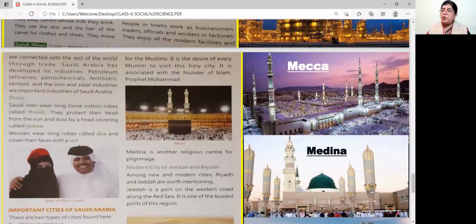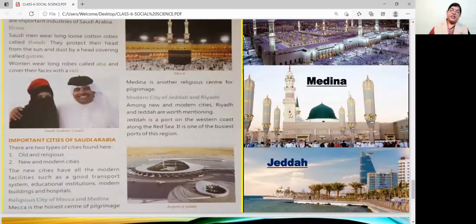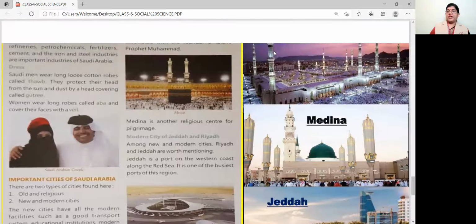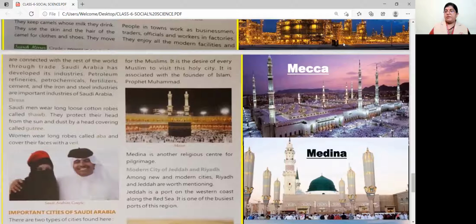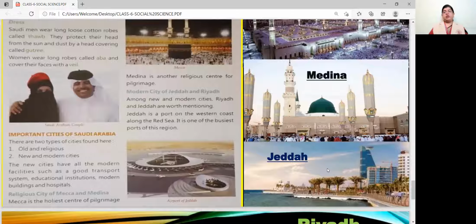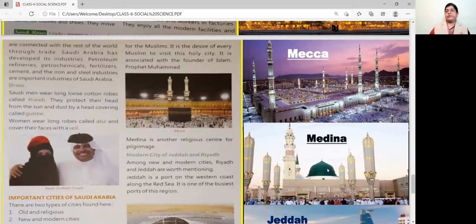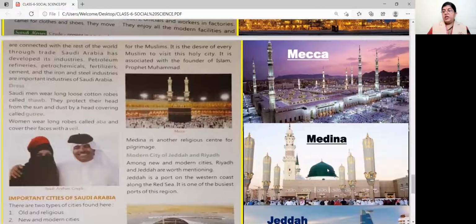Every Muslim wants to visit this city because it is the holiest center of pilgrimage. Can you see this? I'll show you again. Mecca, I've got a picture for you all. Just see, and below it is Medina, which is famous for many mosques. So Mecca is the holiest center of pilgrimage for the Muslims.